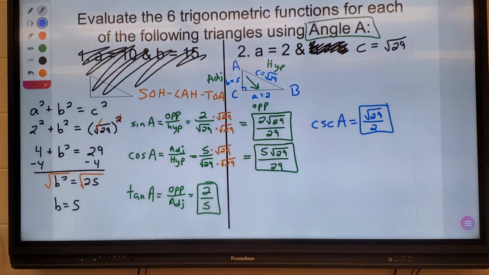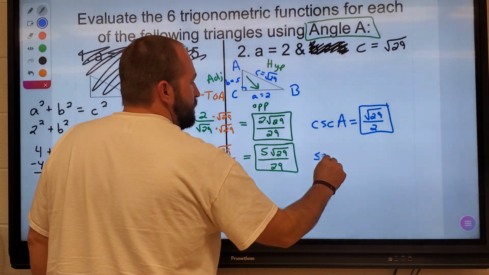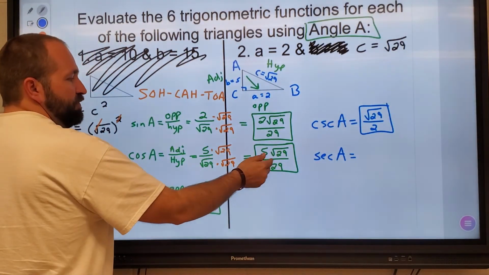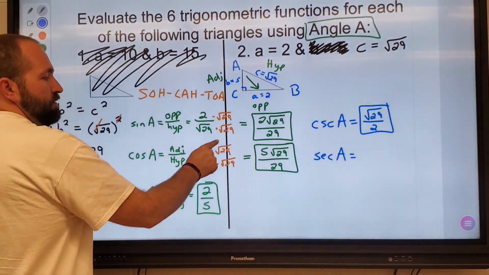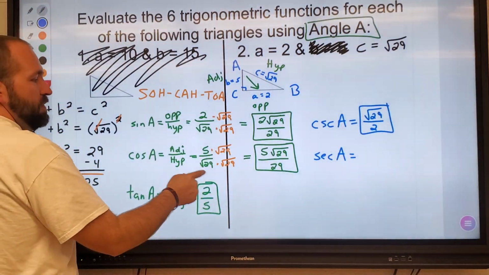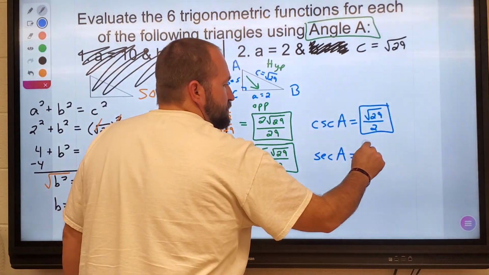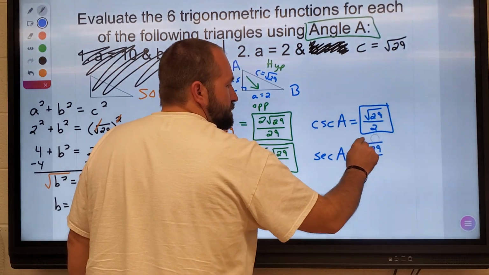Moving on to secant, or again the reciprocal of cosine, SEC of angle A. If I take this and I flip it, then that's going to put that square root in the bottom, which is the problem. This was again used to simplify, so I don't worry about that. But here, flip that, I get the square root of 29 over 5.